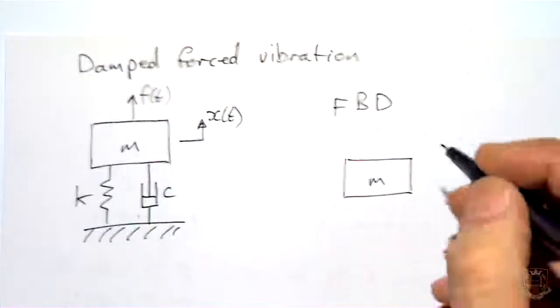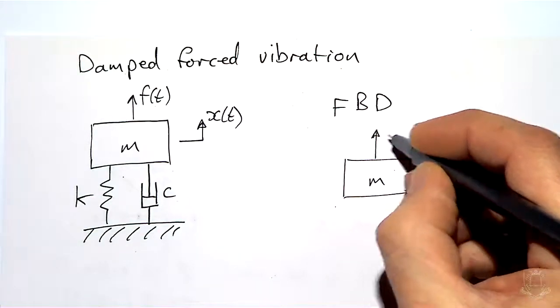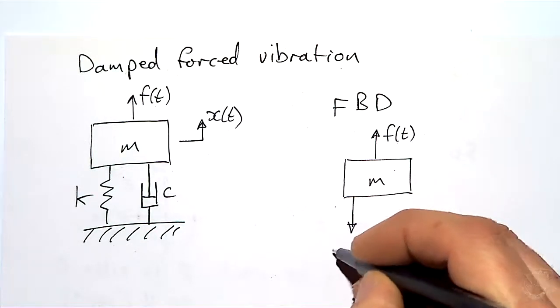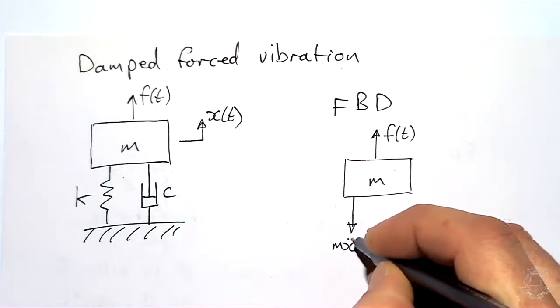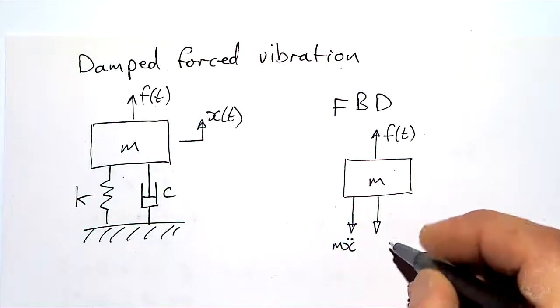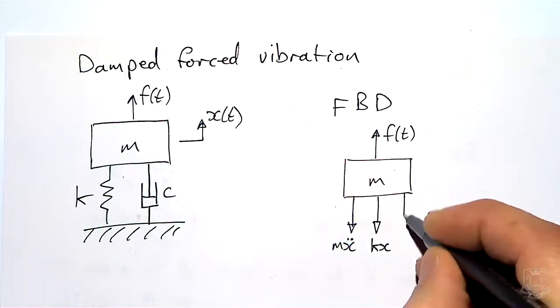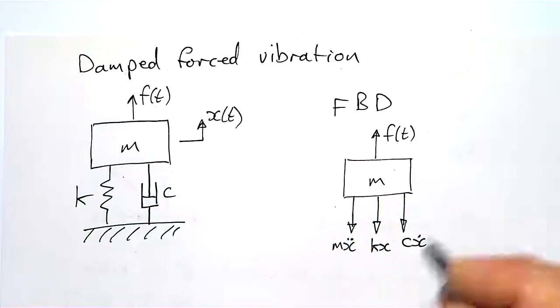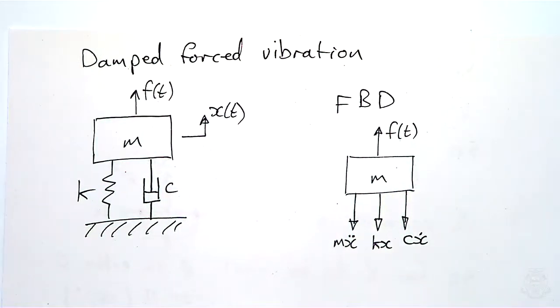And this time with the free body diagram we get the same as last time but with one extra force on it. Okay, so we have the inertia force m x double dot, we have the spring restoring force kx, and then we have a damper force c x dot, which is also trying to resist the motion as you're trying to pull this thing upwards.